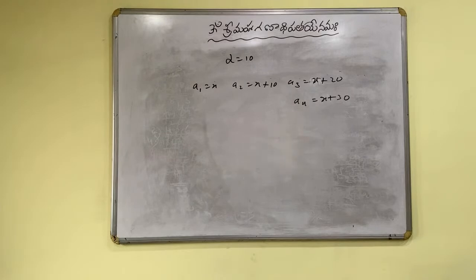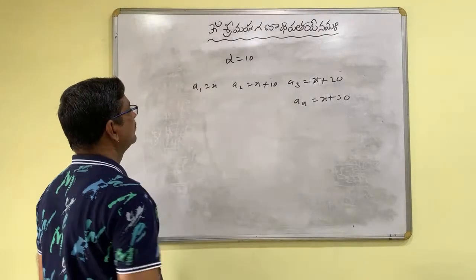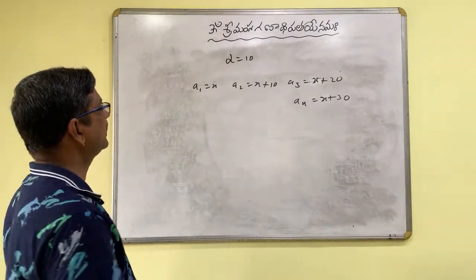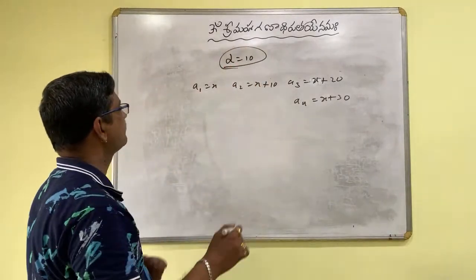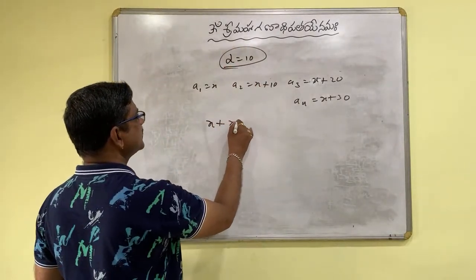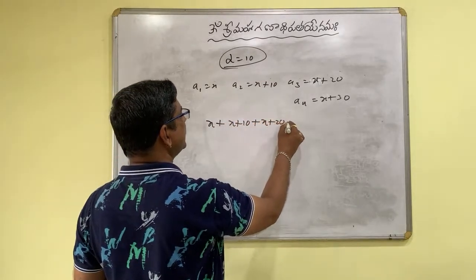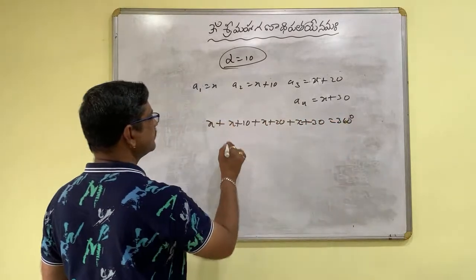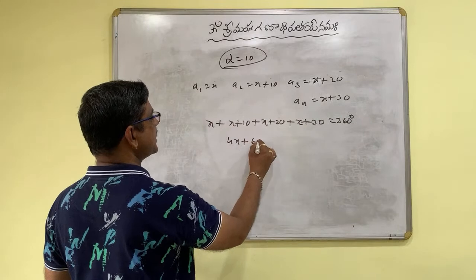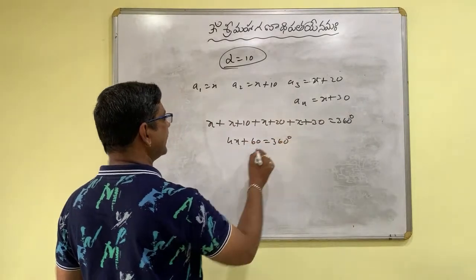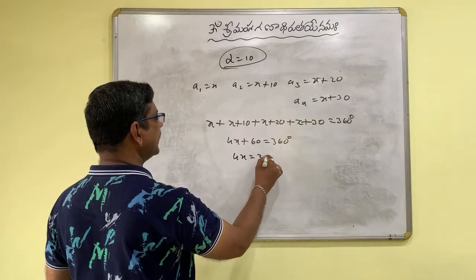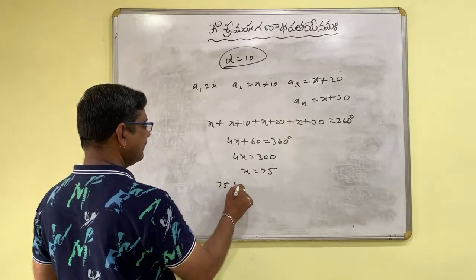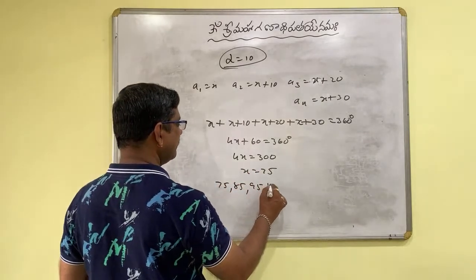So X plus X plus 10 plus X plus 20 plus X plus 30 is 360. 4X plus 60 is 360. Hamsini is correct. 4X is equal to 300. X is equal to 75. So 75, 85, 95, 105.